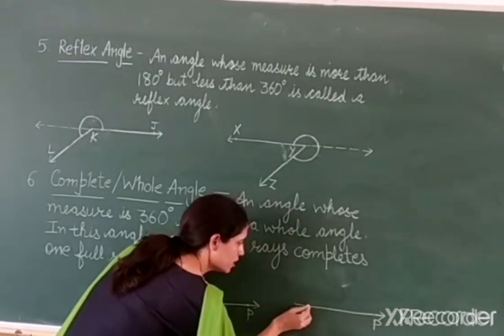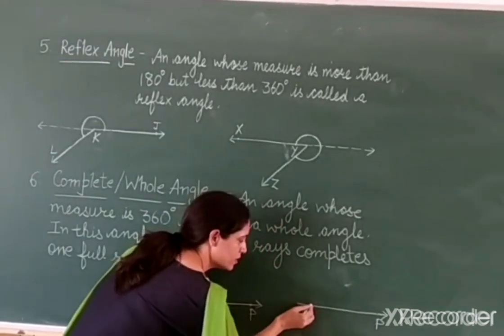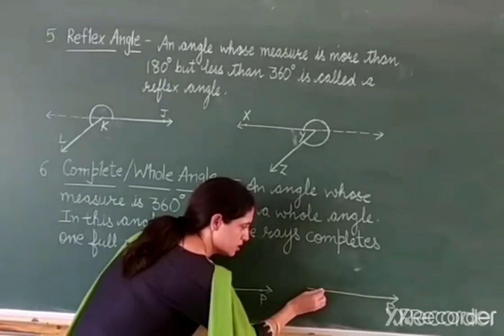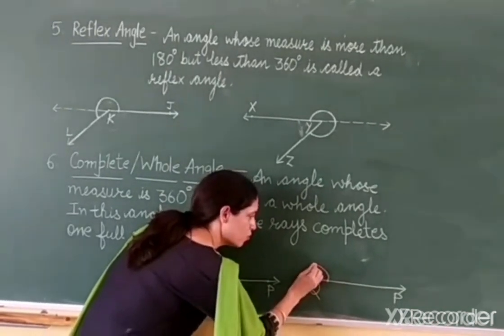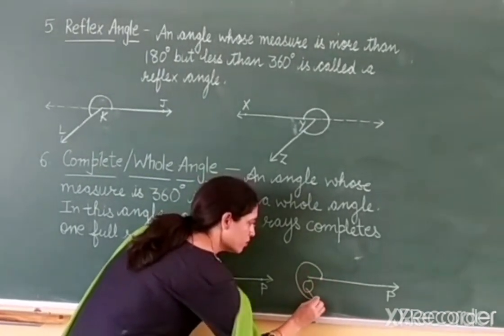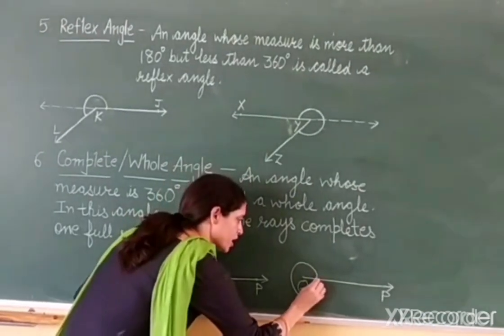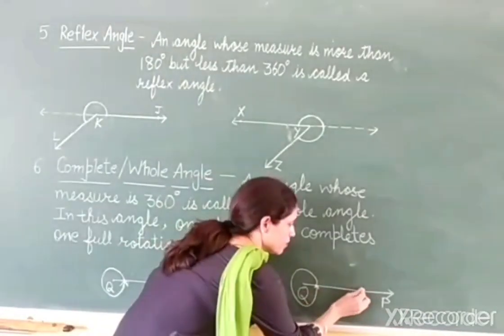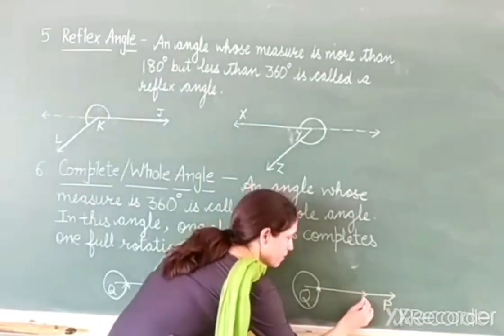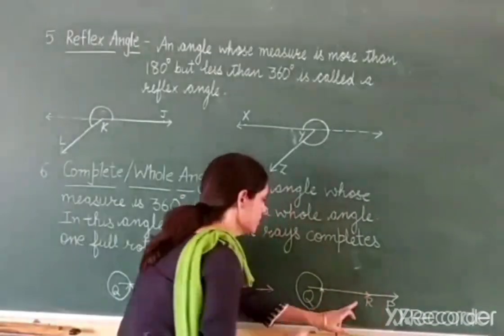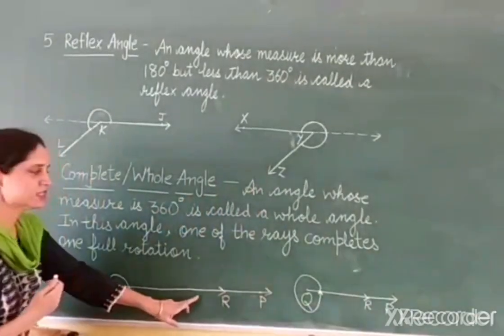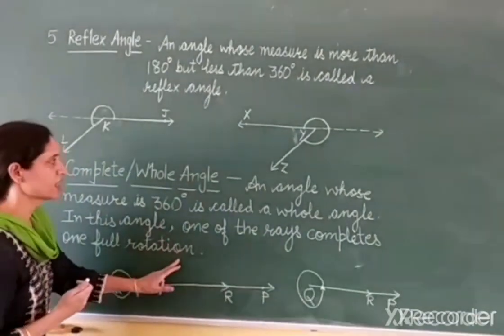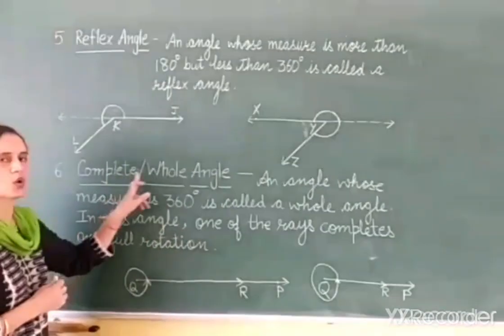Because it starts from here, we will start marking the angle from this ray. After completing one full turn or one full rotation, it will overlap with the other ray, because it's overlapping with this ray. So it will be mentioned here. You can see this. So this angle is known as a complete angle or whole angle.